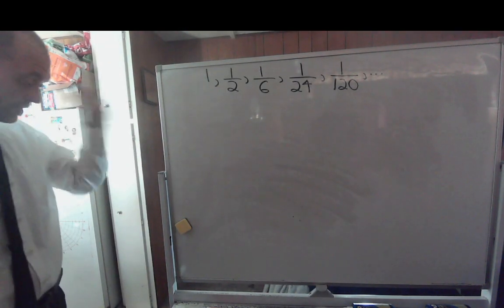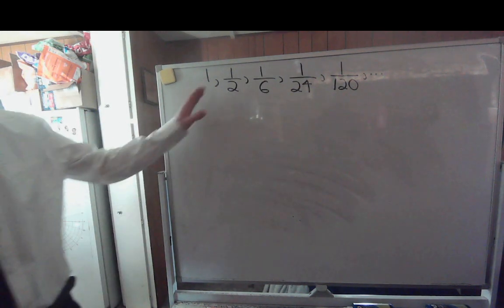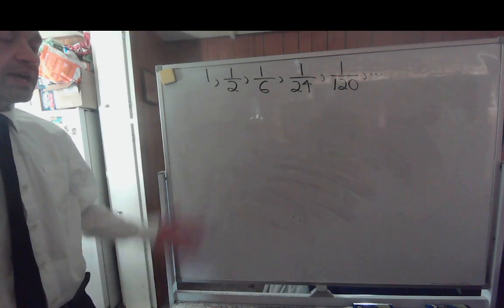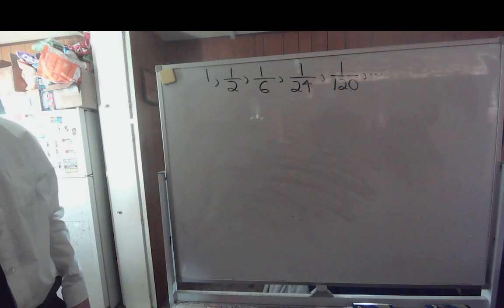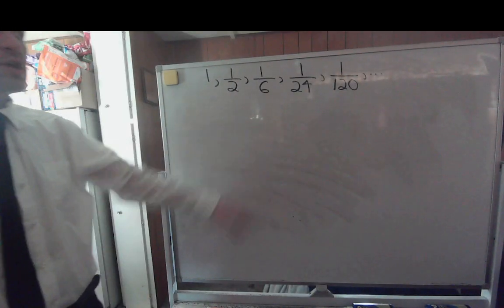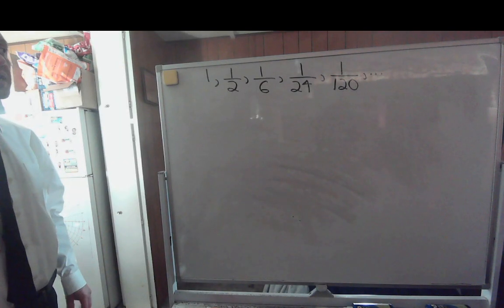Well, this one may not be so apparent because they definitely don't have a common difference. In fact, they don't even have a common multiple at all. They don't have a common ratio or a common difference, so there's no hope of doing it basically.